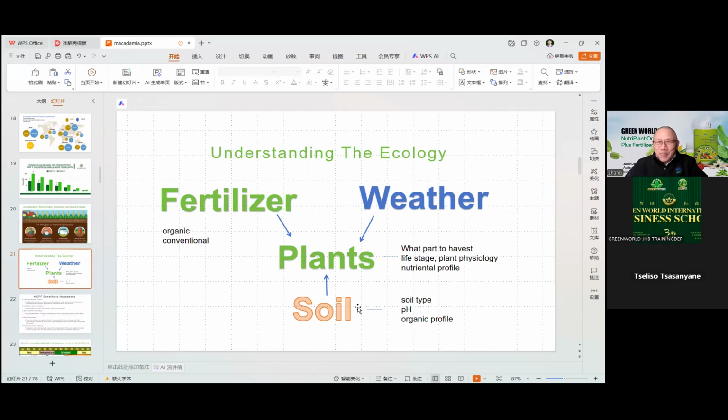And for soil, if your soil pH is too high, you actually need to add some sulfur to the soil to reduce your pH. For almost all other crops, we need a fertile soil, neutral pH level, rich in organic material.